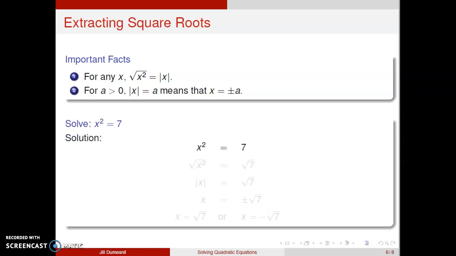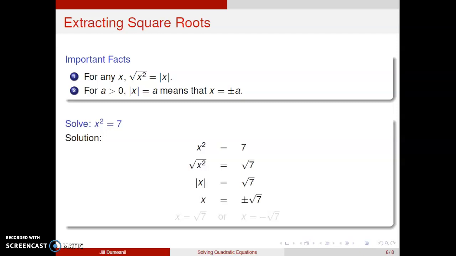To solve the equation x squared equals 7, we first note that we have a quadratic equation with no x term. We take the principal square root of both sides, and this produces absolute value of x equals the square root of 7.